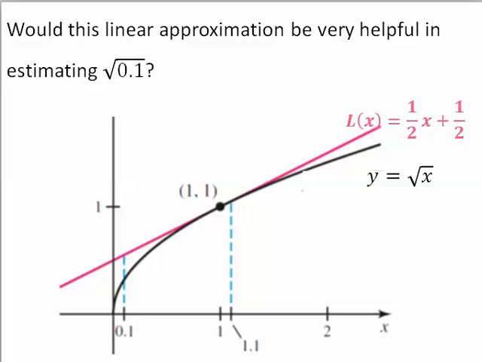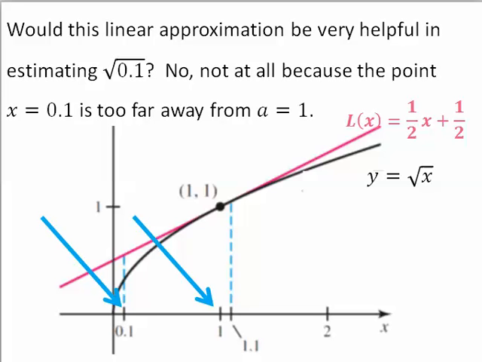Now, would this linear approximation be helpful in estimating the square root of 0.1? Look at 0.1. That's down near 0. And our tangent line was created at 1. No, not at all. 0.1 is too far away.